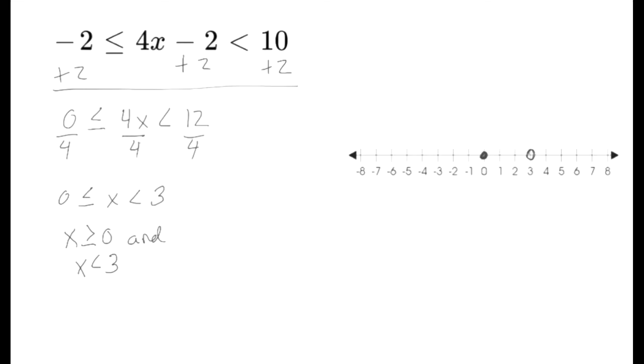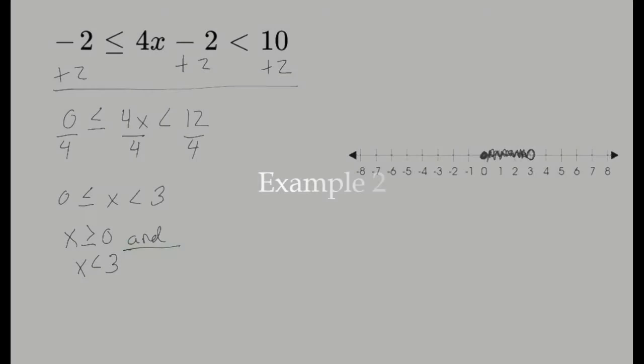So that means it's all numbers that are in this direction. And it's all numbers that are less than 3. So it's all numbers right here. So in this case, it's an and, because we're looking at where we have numbers that are greater than or equal to 0 and numbers that are less than 3.